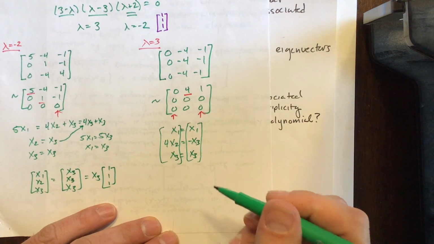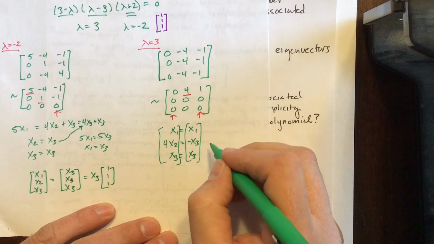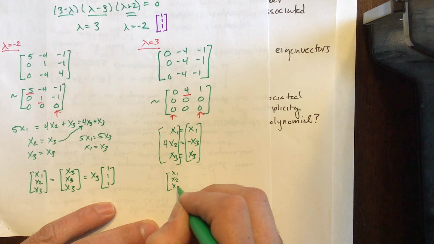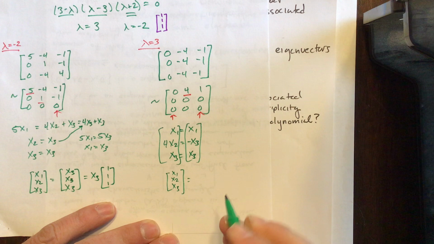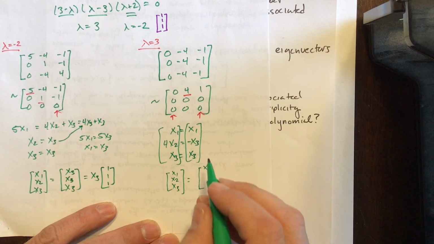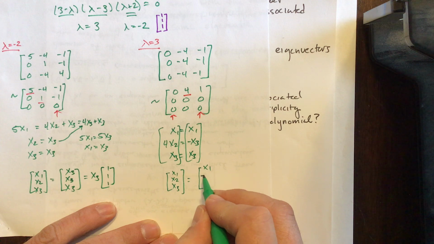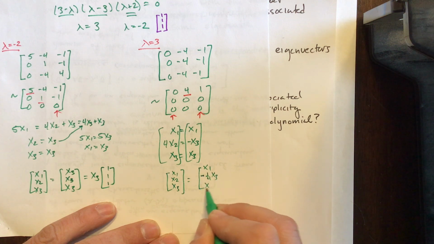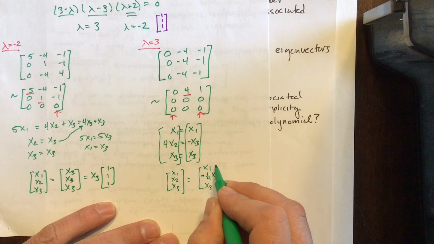Okay, we have x1, x2, and x3 is equal to x1, minus 1/4 x3, and x3.